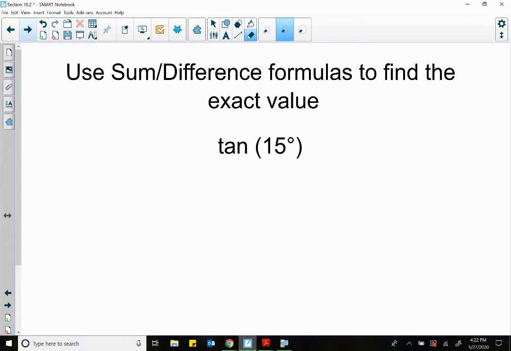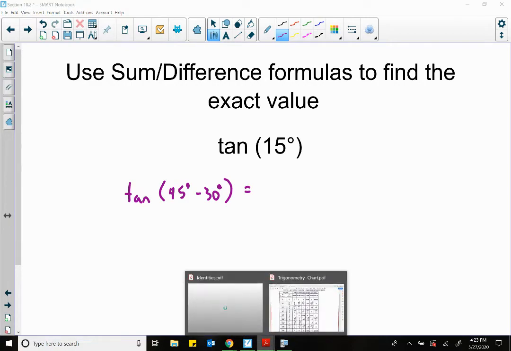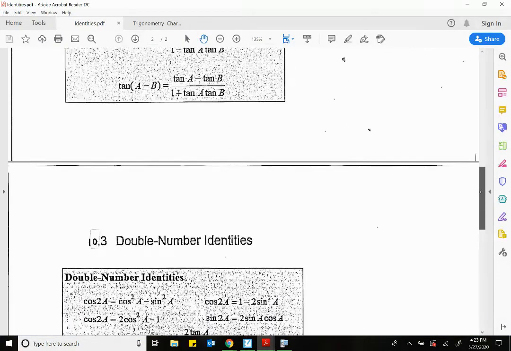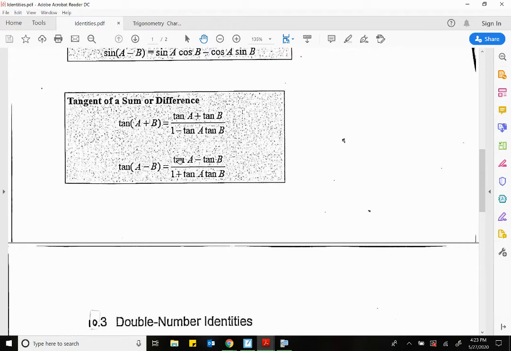Okay, so we can use adding or subtracting. It doesn't really matter, but I'm going to use subtraction on this one because I can think of it already off the top of my head. This is just 45 degrees minus 30 degrees. That is 15 degrees. So if we go to our formula, tangent says we're doing subtraction. So we're going to take tan A minus tan B, and then we will have 1 plus tan A tan B. Okay.